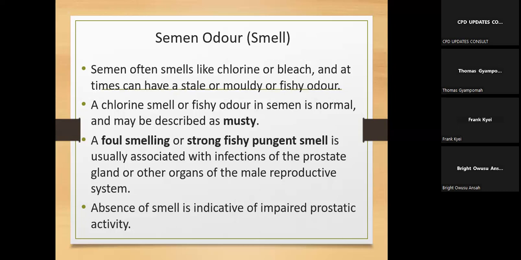Sometimes you may have semen that doesn't smell of anything. It's as if it's like water, not water in the sense that it's watery, but it doesn't smell of anything. Then it means that it has a prostatic problem, because the bleachy and chlorine smell is coming from the prostate.